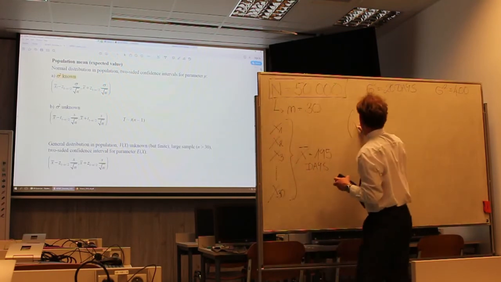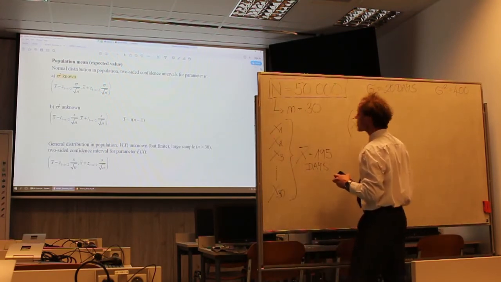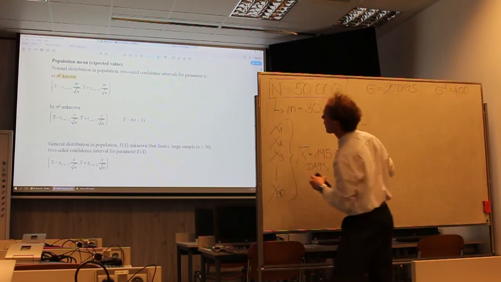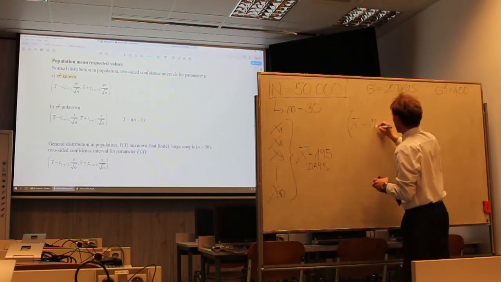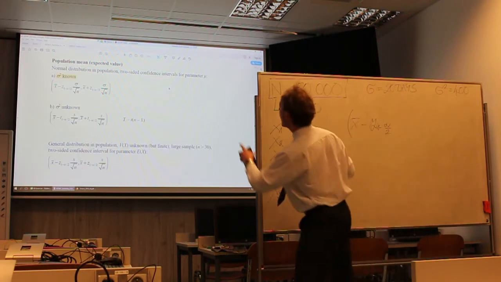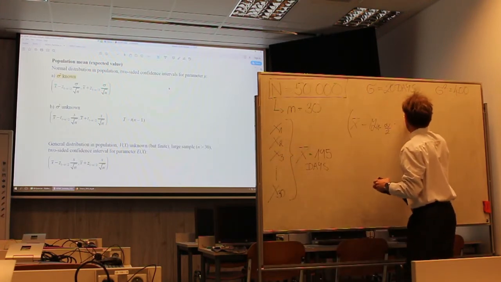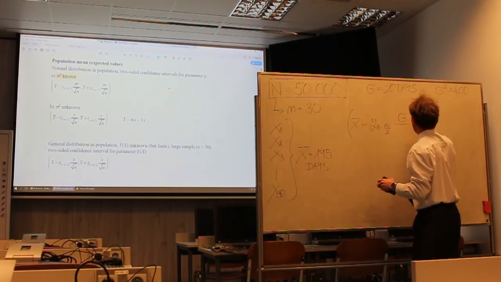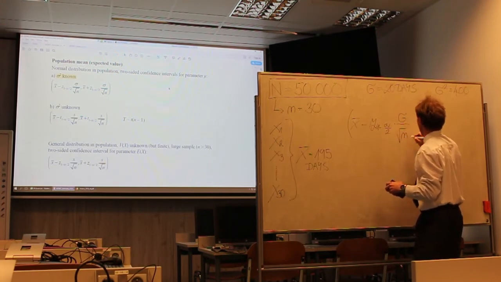X with stripe, the mean, minus z 1 minus alpha divided by 2, times sigma divided by square root of n.